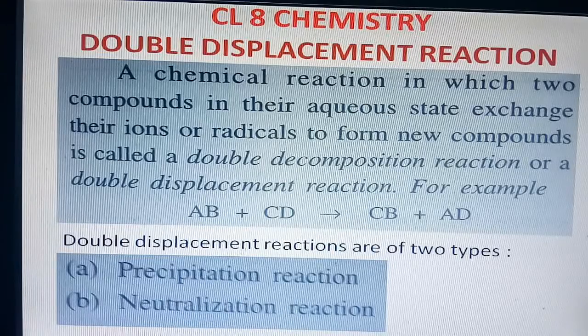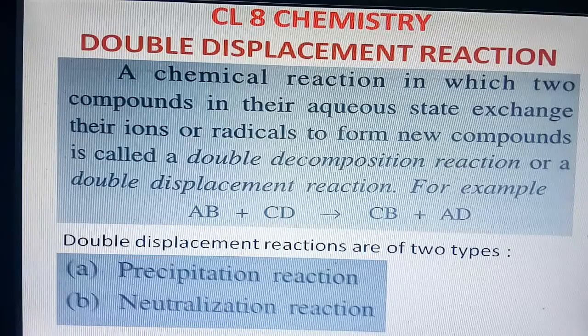AB is one compound and CD is another compound. AB is combining with CD and we are getting two reactants, two products. Mind you, in combination reaction, any number of reactants but product was only one. In decomposition reaction, reactant was one, product can be of any number.